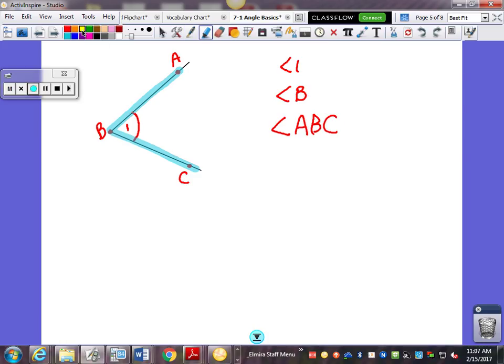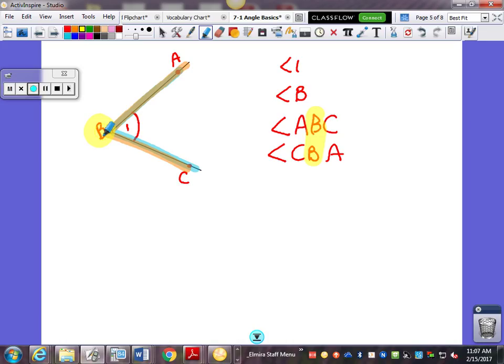But I could trace it the other way and start at C, B, A. Either one of those is acceptable. The critical thing I want you to see is that the vertex letter B has to be in the middle. I cannot say angle BAC.